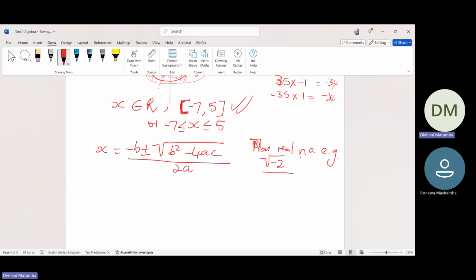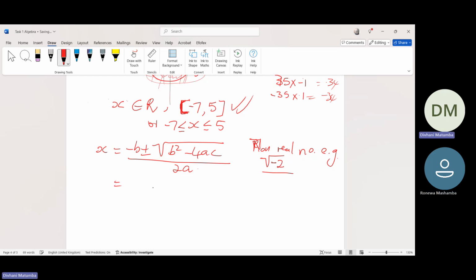Okay. Now, do you also agree that if a number under the square root is less than 0, it is a non-real number? Do you agree? Yes, sir. Okay.